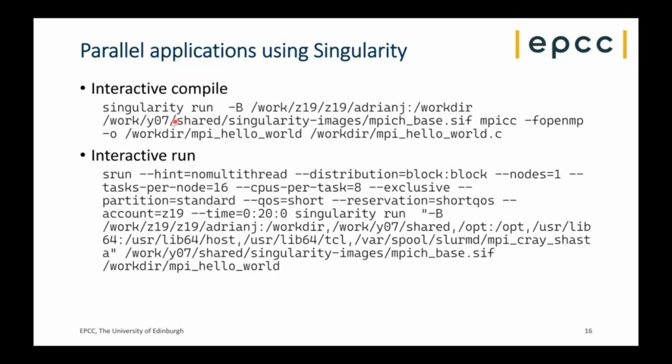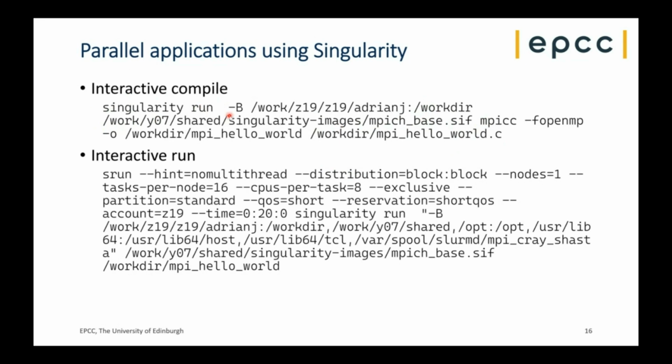So if I take, for instance, this is one of the Singularity images we provide, mpitchbase.sif. So this is a container with the compilers in it to build your own MPI applications. And this could be a base for a container if you wanted to create your own Singularity containers for ARCHER2 that you could take away, modify, add some software into it, and then import back into ARCHER2.